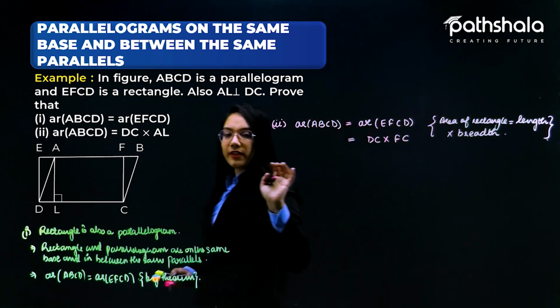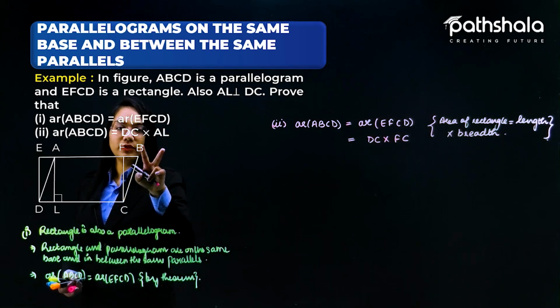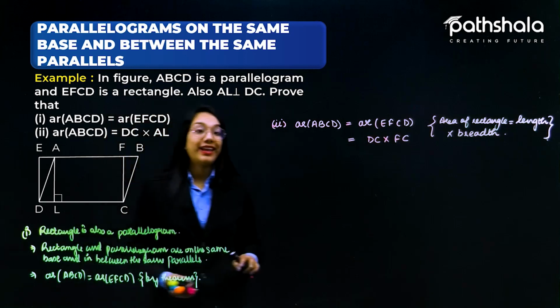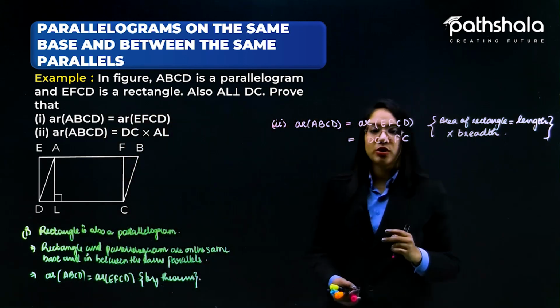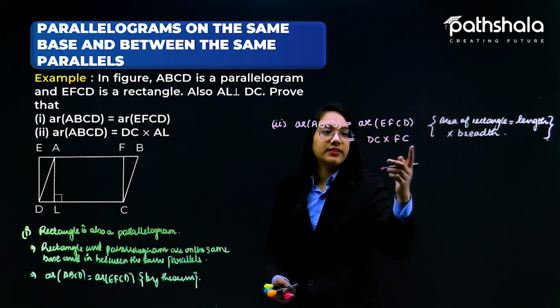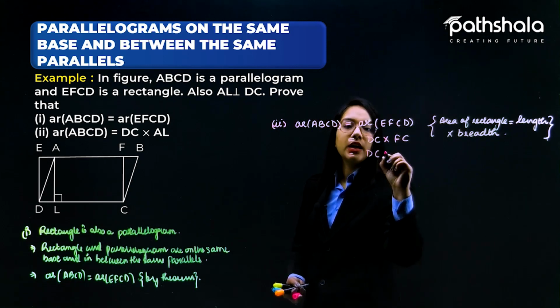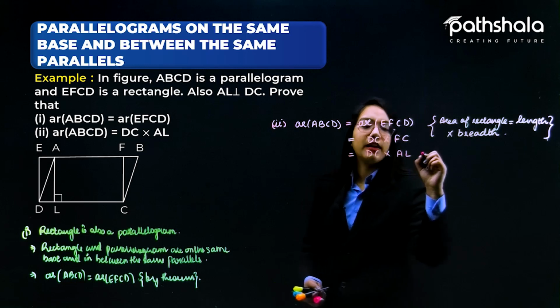And furthermore, what we have to prove over here is that this is equal to DC into AL. Now, talking about this particular FC, we can also write it as DC into AL. Why so?